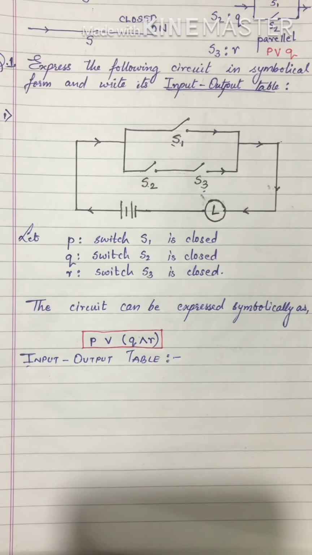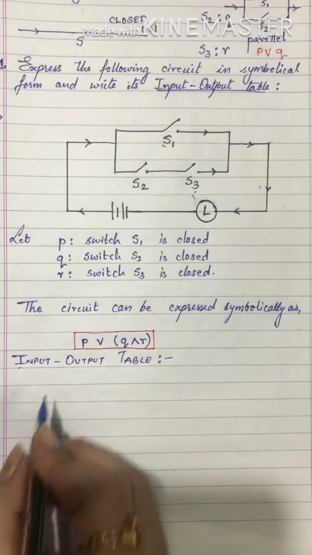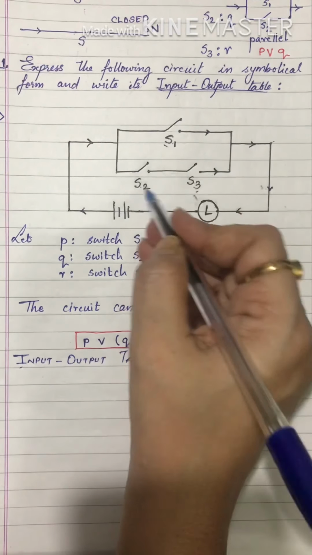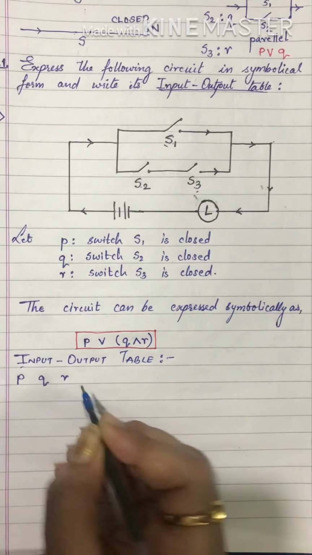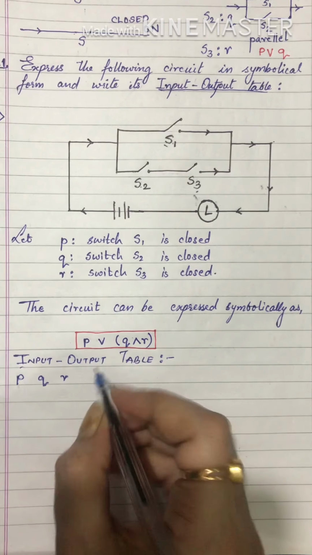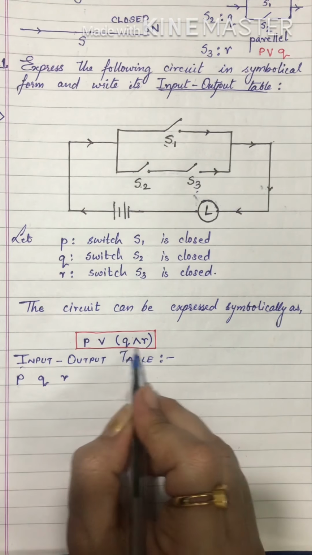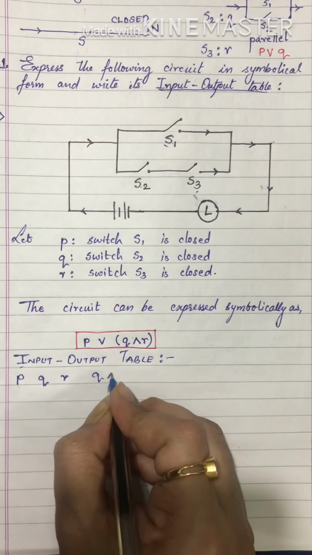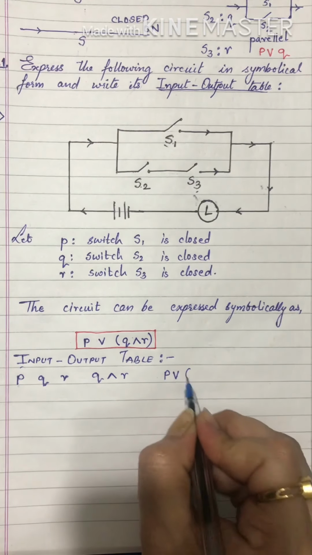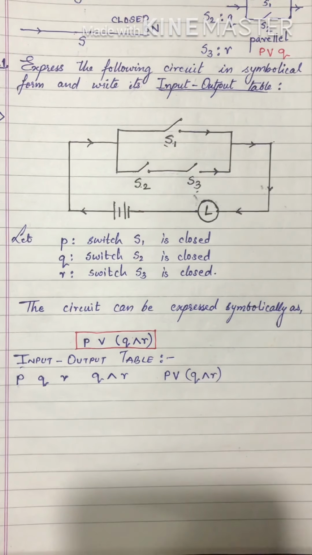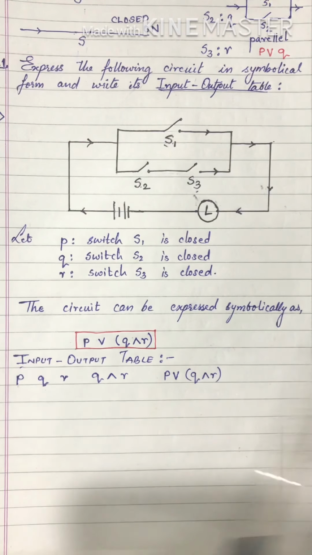Now, how many statements? There are 3 statements, so we need first 3 columns for the statements P, Q, R, and then from here we will have to solve this first. So next column Q and R, and then this whole thing, so P or (Q and R). Okay, this is the table.